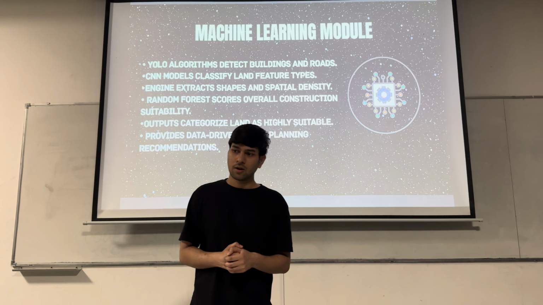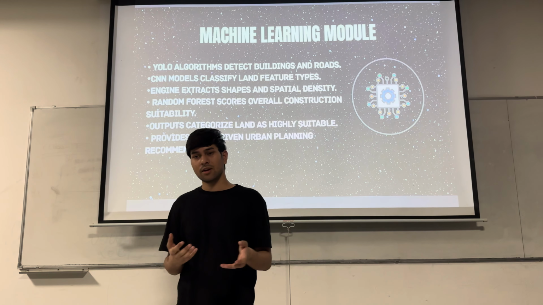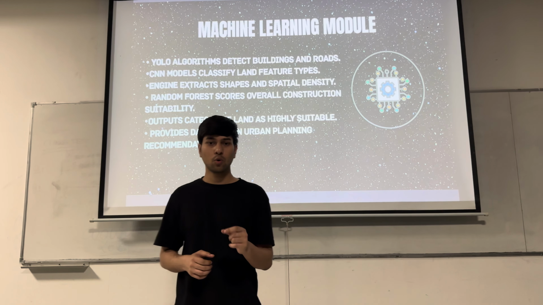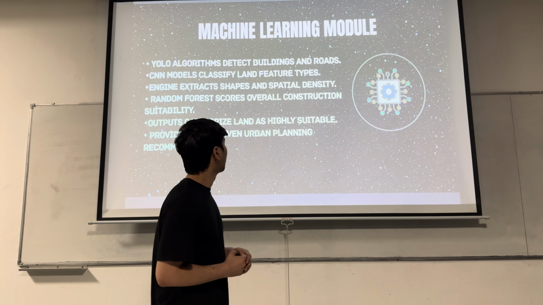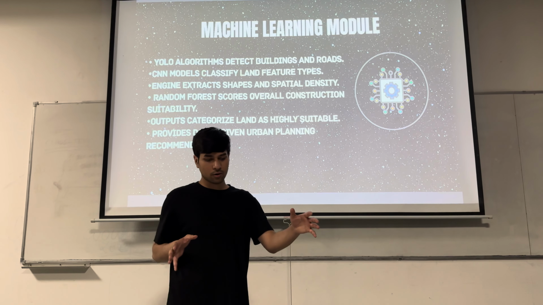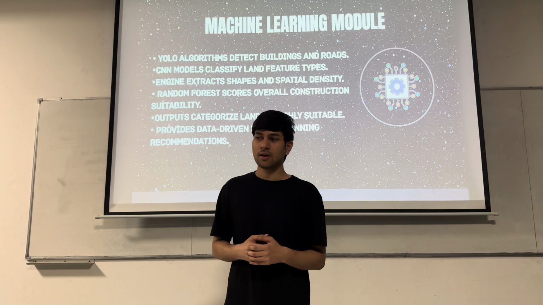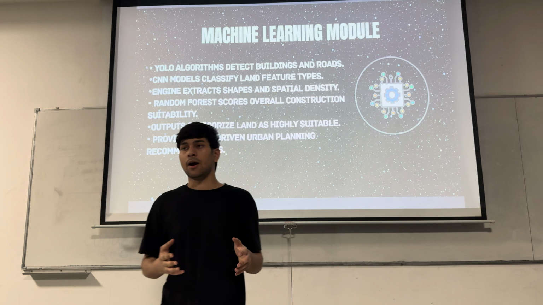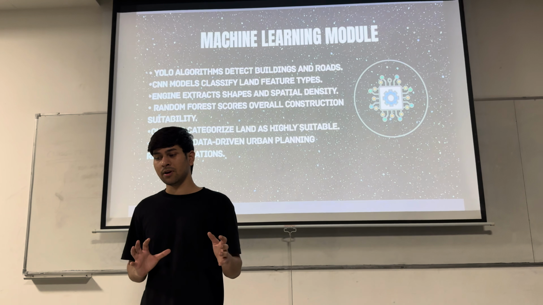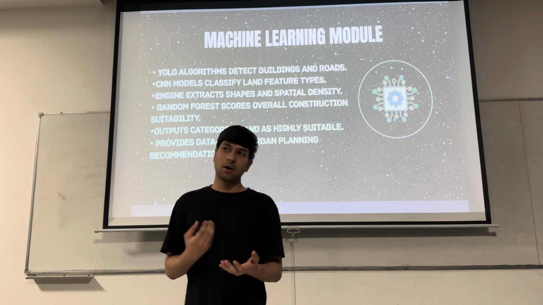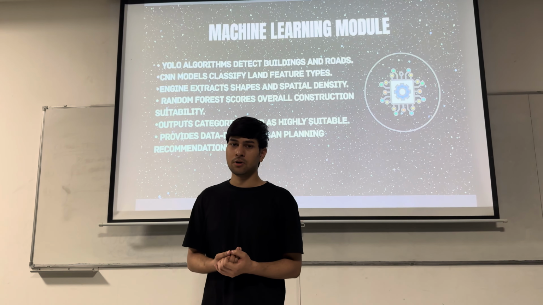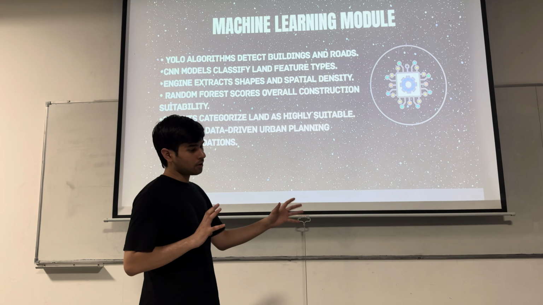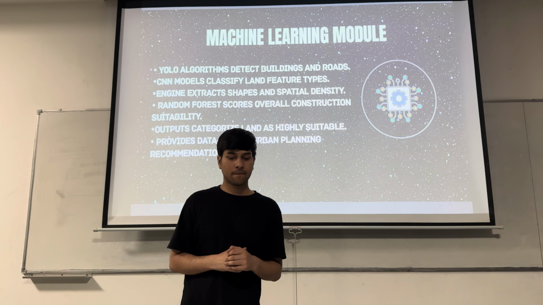Secondly, we use a YOLO model to detect buildings and roads across that area, and a CNN in our deep learning model, which differentiates between the shapes, geometry and particular features of that area.